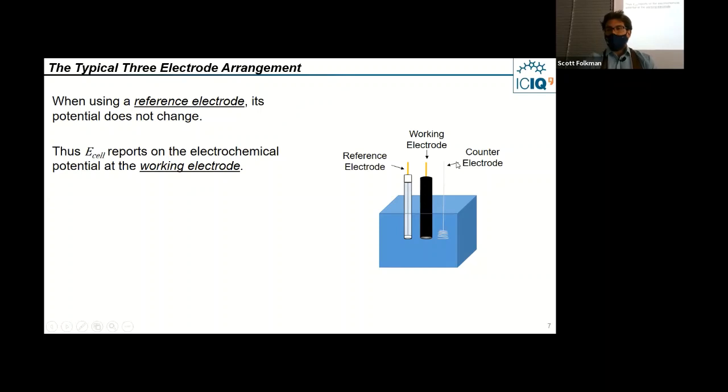But I show this counter electrode. Does anyone have any idea or any guesses as to what the counter electrode does? Remembering that we want the reference electrode to stay at the same potential. People on Zoom can feel free to speak up as well. That's exactly right. It closes the circuit.